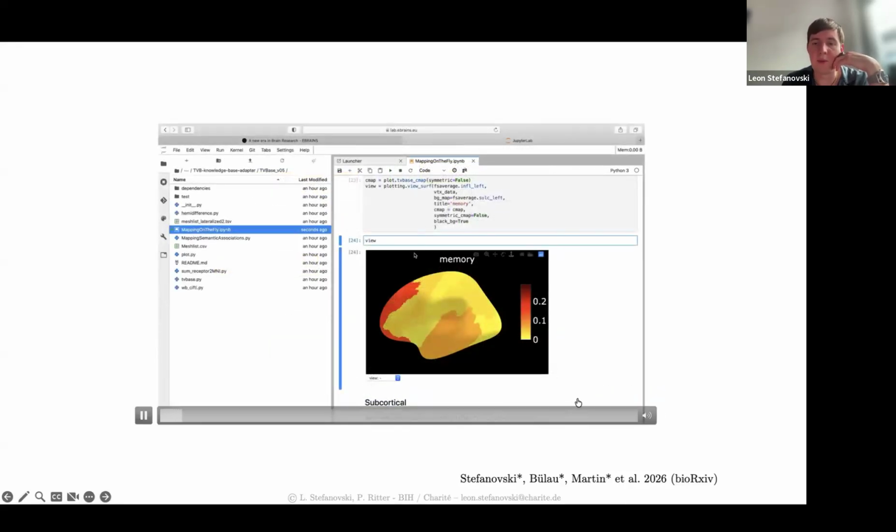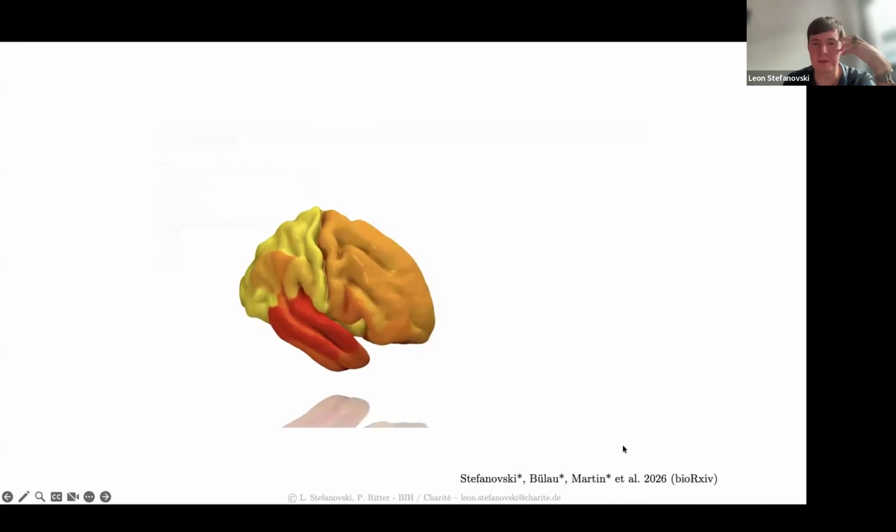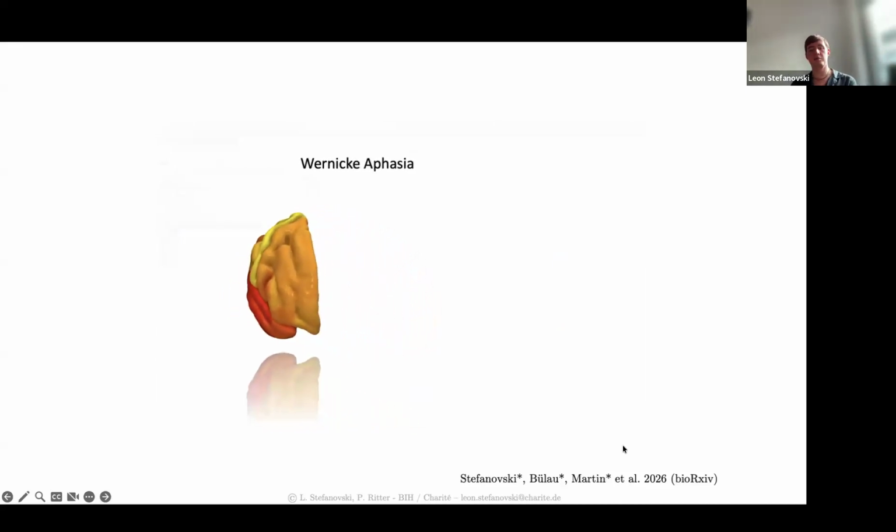Like, for example, here, memory, as I said, we see then a map, like it's actually quite an old version in this video. This is the dorsolateral prefrontal cortex and the hippocampus, where we see then such a map, and this you can do for everything. And this actually is a cool thing about this.